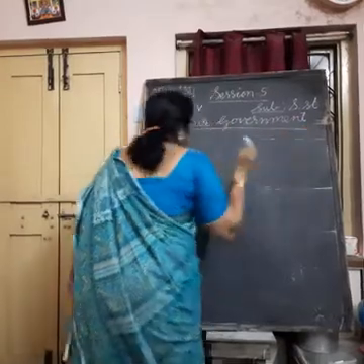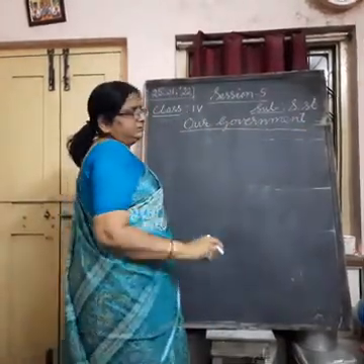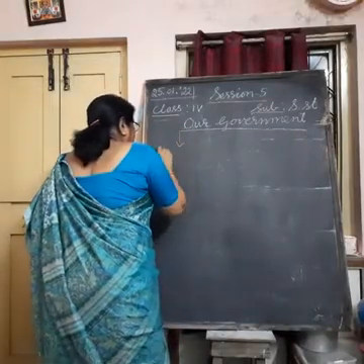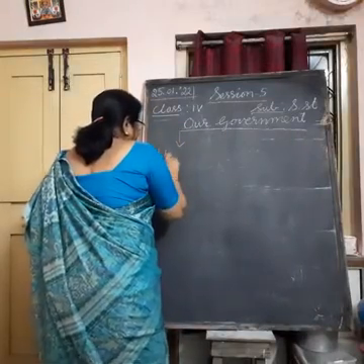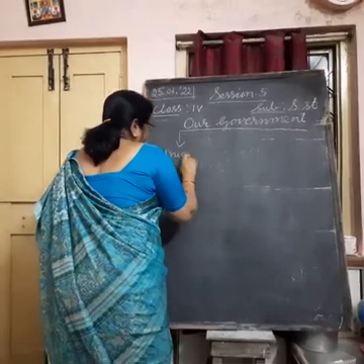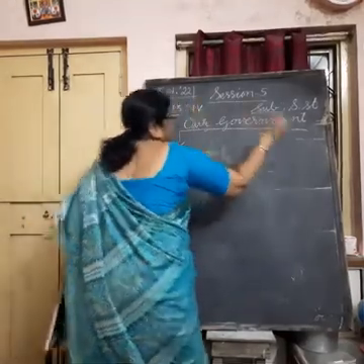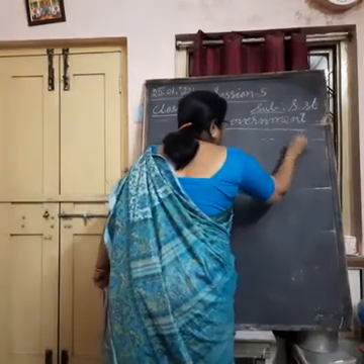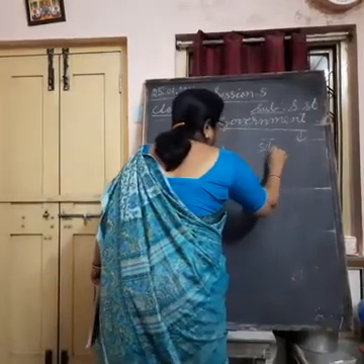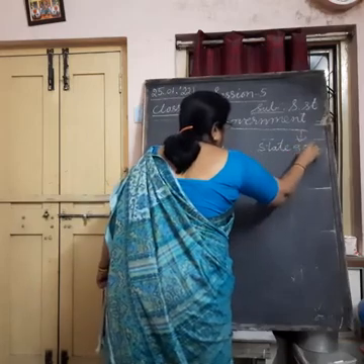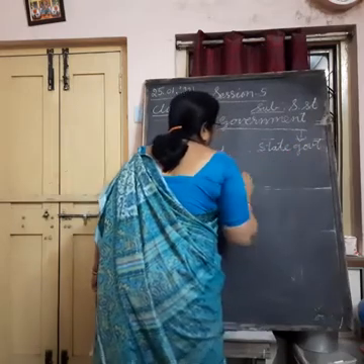Our government works in two levels. Union government at the central level and state government at every state level.